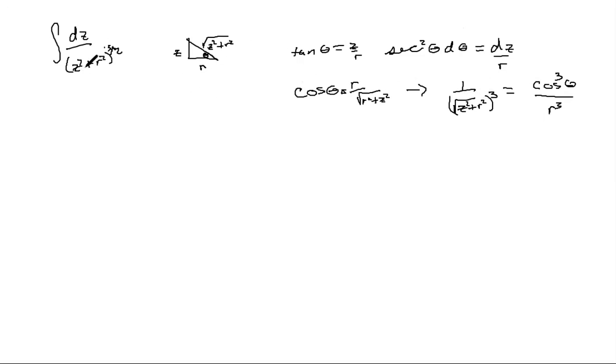So solving this for dz and using this last result, I plug it all in, and the integral becomes the integral of r secant squared theta d theta divided by r cubed times cosine cubed theta.